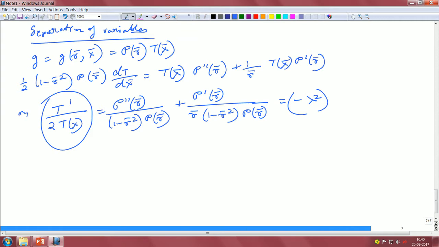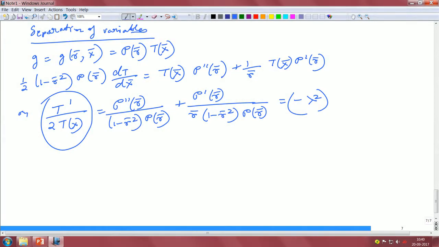If you solve for that, it will show an exponential increase of the temperature, which is not a physical thing, because temperature over here cannot actually grow exponentially, as we say that it is bounded. Okay. So, based on that we have taken minus lambda square as the limit.